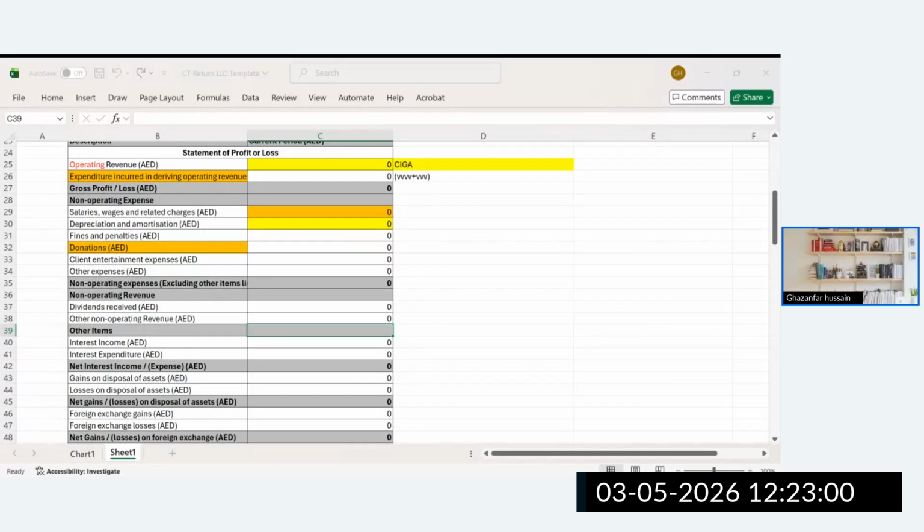Mostly in note number 7 such figures are expected to be shown. So we can look here to see whether any relevant figures are there or not. We can fill the figures taken from here into the return.